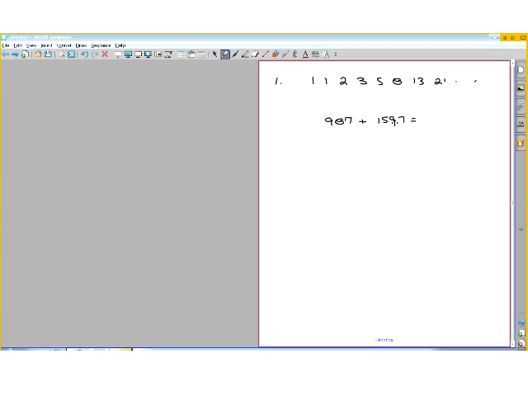If we add that in our calculator, we get 2584. And then the next number in the sequence would be 1597 plus 2584, which would be 4181, etc., etc. You can go on forever.